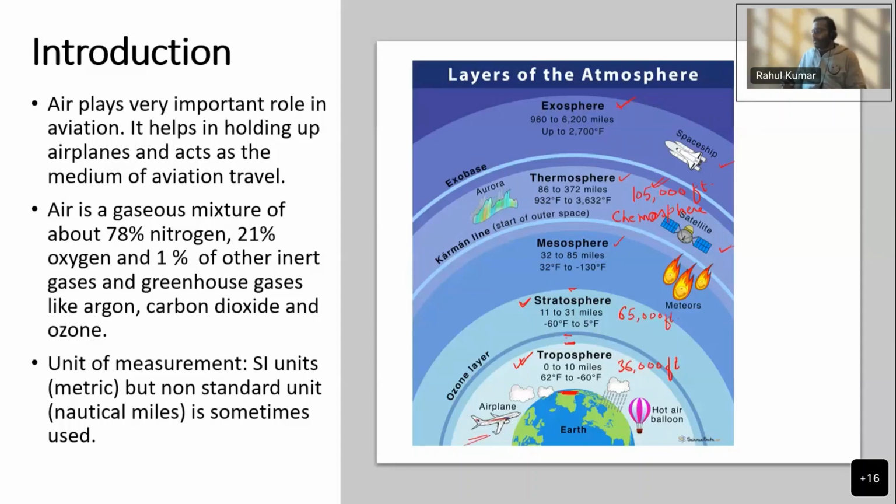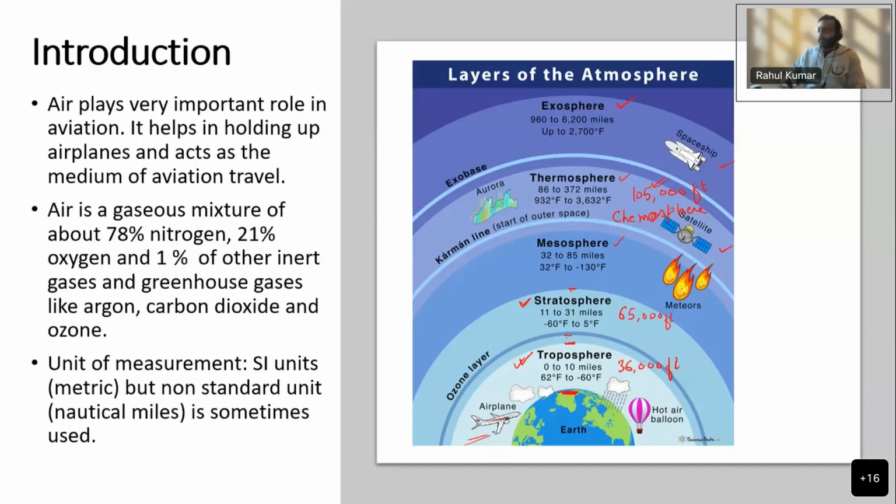Now there are multiple factors that an aircraft should consider while traveling through air. For example, you have atmospheric temperature, atmospheric pressure, and airspeed. Having avionic systems to measure these important parameters, temperature and pressure, is very important for the pilot.